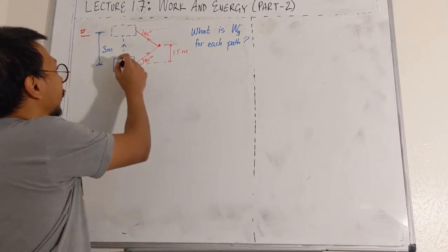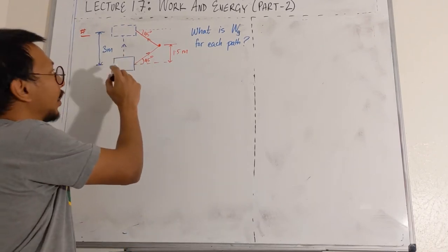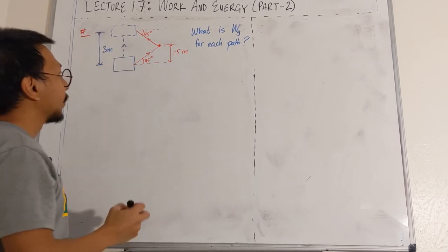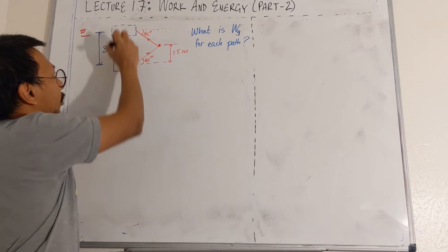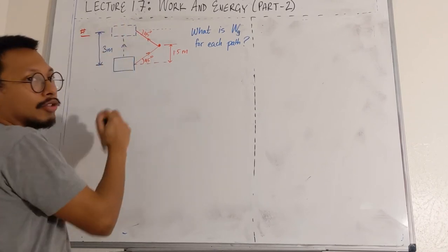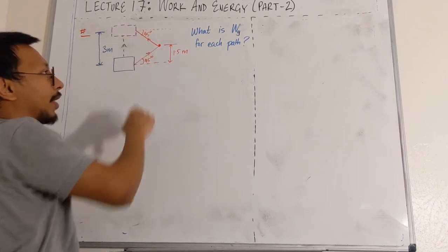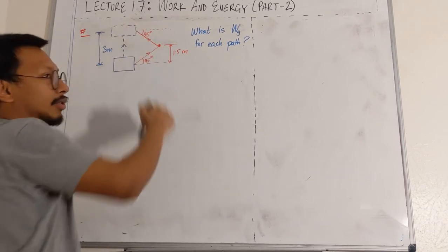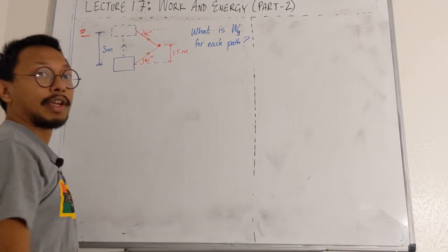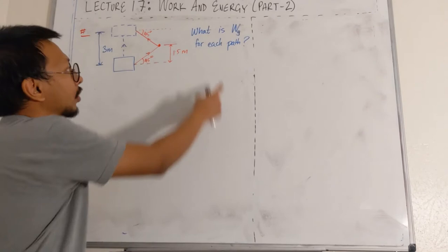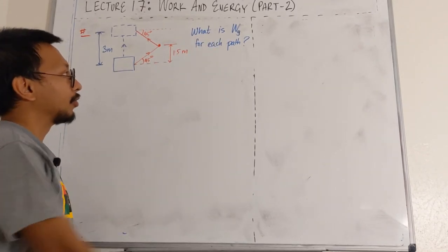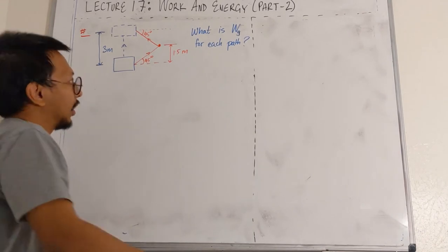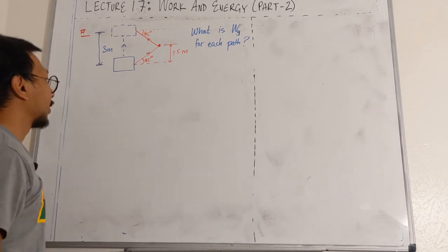For example, if this is your starting point A and this is your finishing point B, gravity doesn't care whether you go from A to B following this blue path straight up or this red path, which is at angles shown, and we'll investigate if that's true. So the question asks, what is the work done by gravity, Wg, for each path? Let's first consider the blue path, path 1.